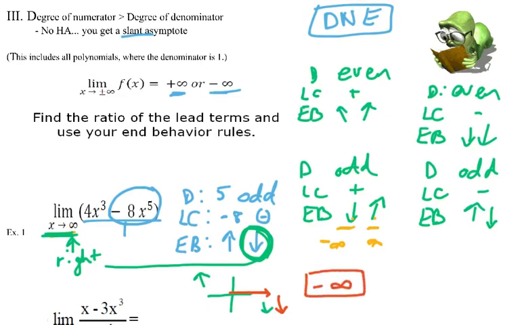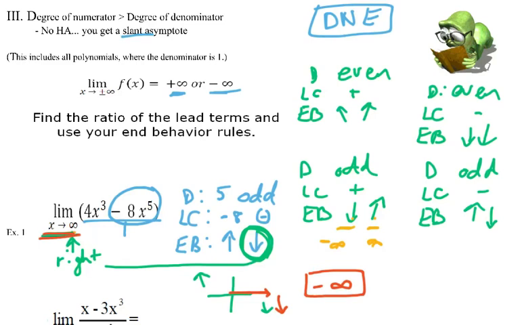Okay, so don't get confused with the different infinities here. My x value is positive infinity. That just means I'm going to the right. But the answer to the question is based on if I'm going up or going down, which is also a positive infinity or a negative infinity.